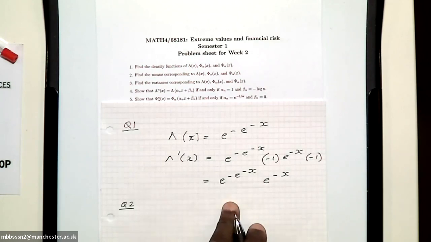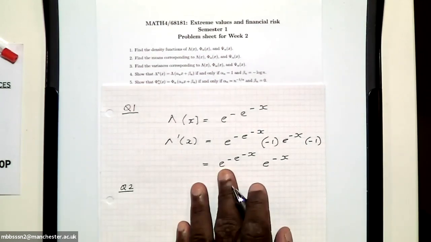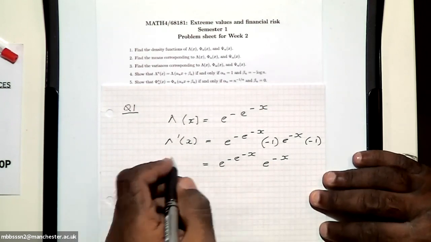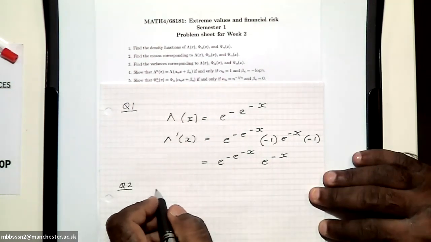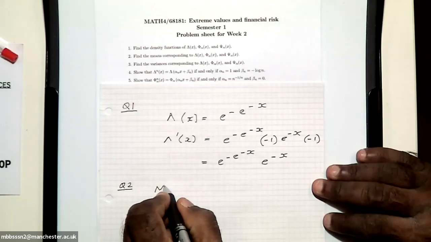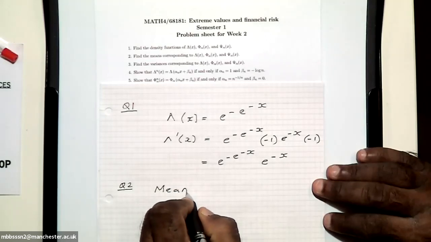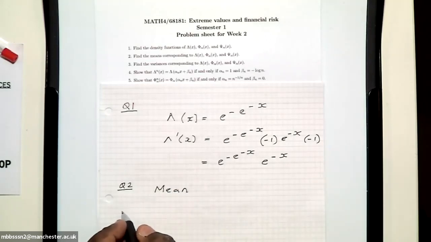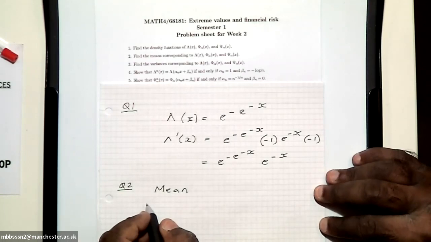All right, so this is the derivative of the Gumbel distribution, density of the Gumbel, right? Now, let's do question 2. So we want to find the mean of the 3 different types. So starting with type 1, I'll just do the thing for type 1.